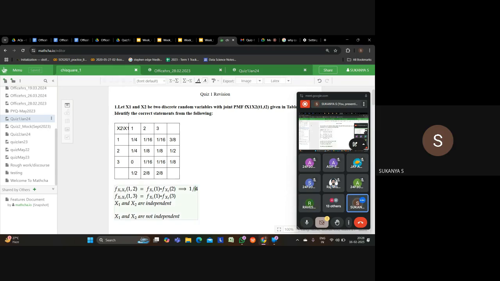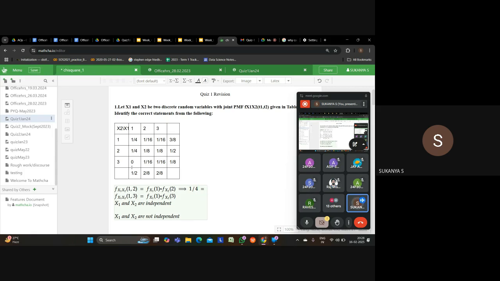It is not like that. If at least one does not satisfy, we say that they are not independent. But that doesn't mean that none of them will satisfy. There is no condition like that. It may satisfy at times. We cannot conclude like that.